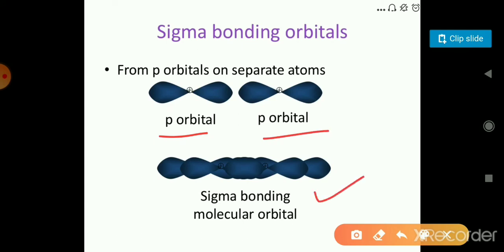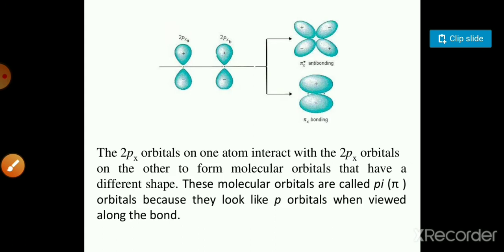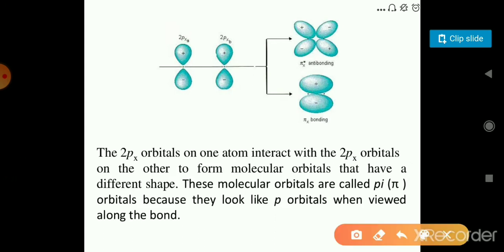Now for the 2px orbital, one of the interactions is of a different shape. So this kind of interaction is called a pi orbital, because it looks like a p orbital when viewed along the bond.